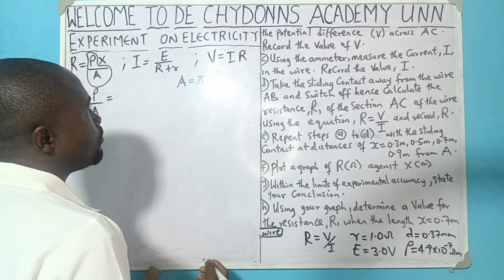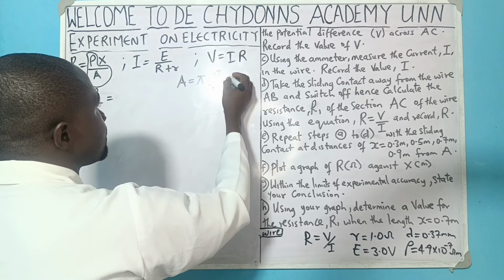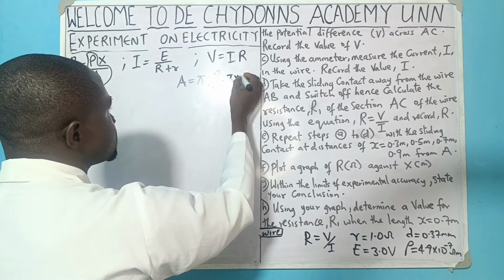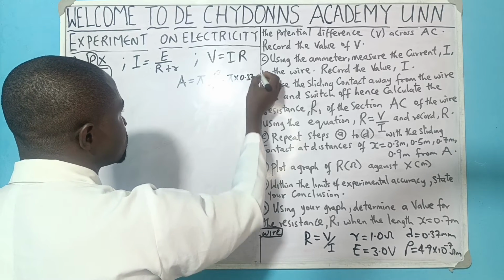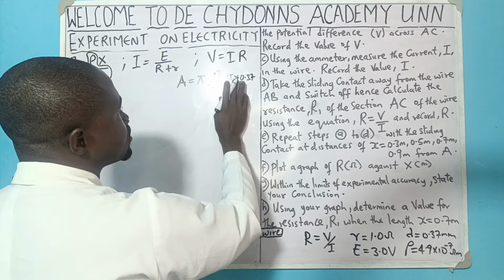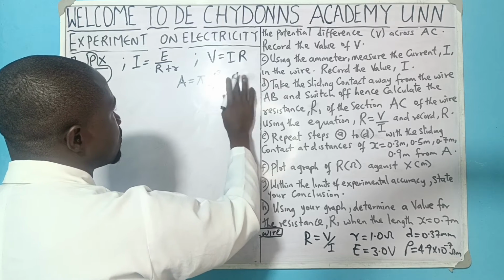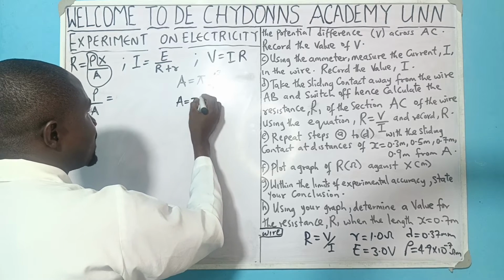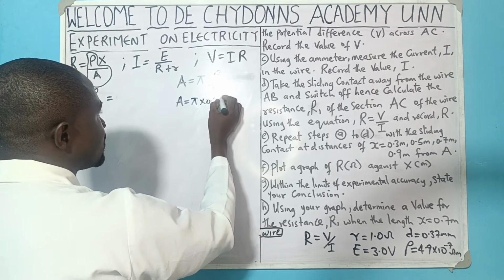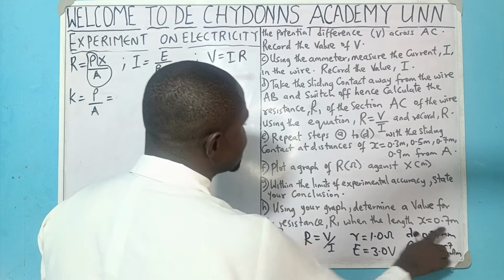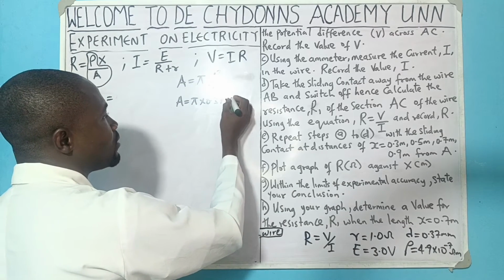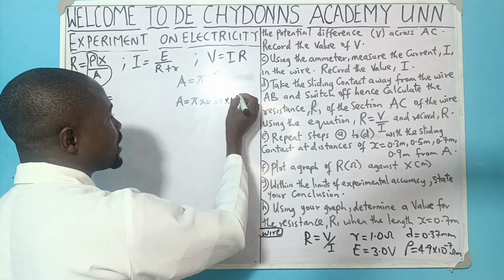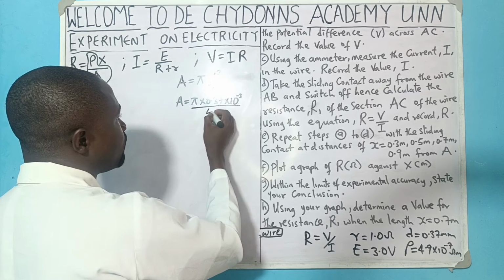So how do we now compute it? A equals pi times 0.37, which is in millimeter. To change it to meter, we multiply by 10 raised to power minus 3, squared, all over 4.